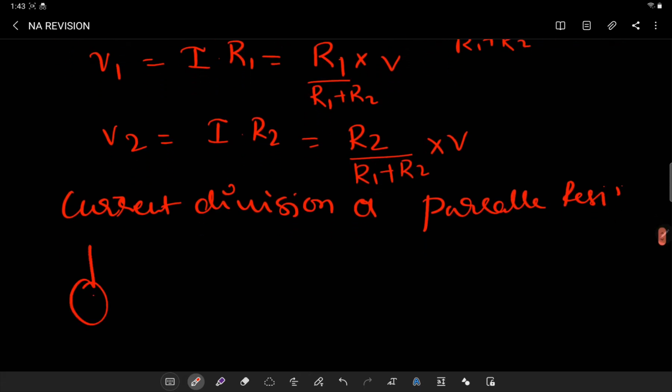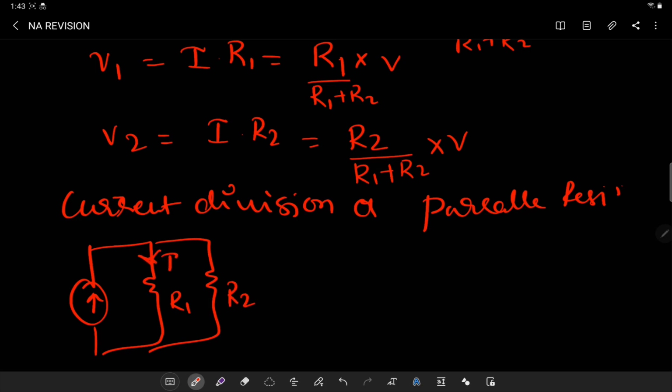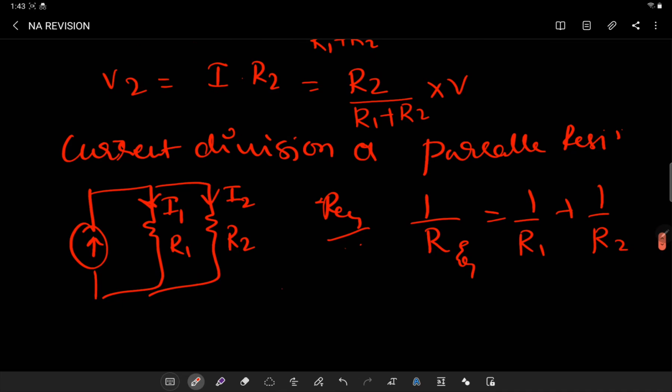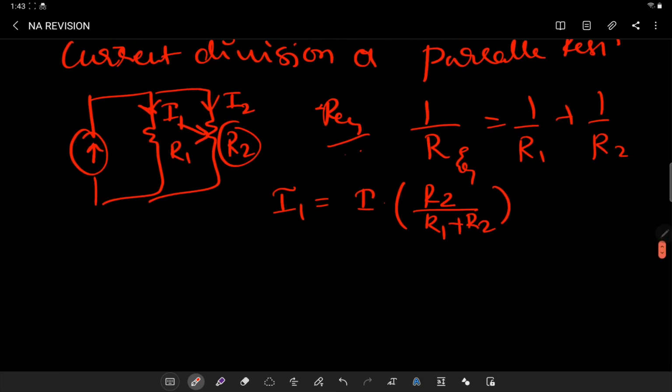If there is a current source I and two resistors R1 and R2 which are parallel, and the current is to be divided, in this case, since all the elements are in parallel, R equivalent is equal to 1 by R1 plus 1 by R2, and I1 is I into the opposite resistance R2 divided by R1 plus R2. If I need I2, it will be I into R1 by R1 plus R2.